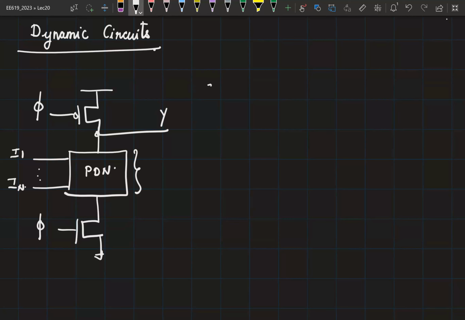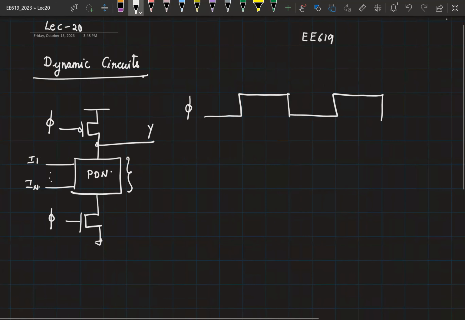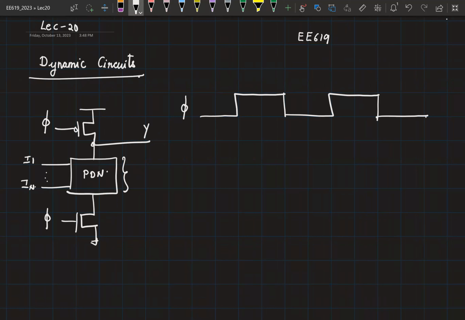So let me sketch out the clock waveform. Now we said that whenever the clock is equal to 0, your PMOS is on, which means the output is pre-charged to VDD, up to logic 1.